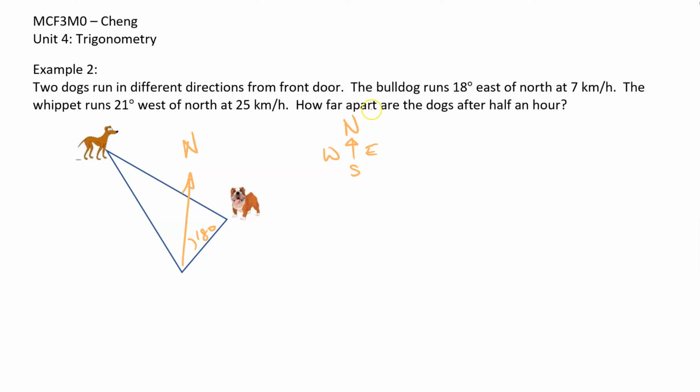You can see the whippet runs 21 degrees. Let me just highlight what I talked about with the bulldogs. 18 degrees for the bulldog, and the whippet runs 21 degrees, right, going this way, 21 degrees. So we got 18 degrees for the bulldog going in its direction, and 21 degrees for the whippet going in its own direction. All right, so what does that really mean?